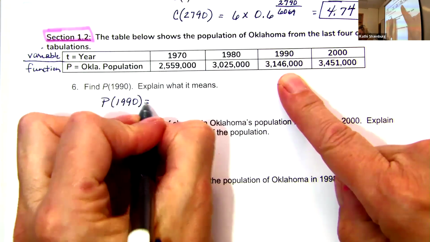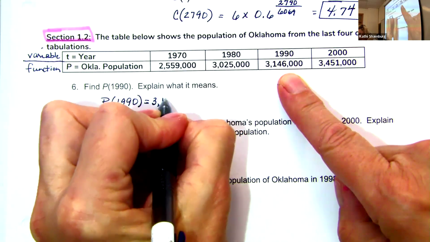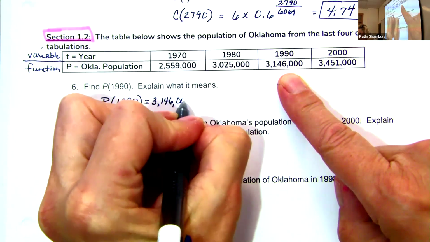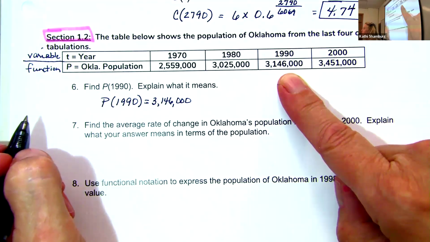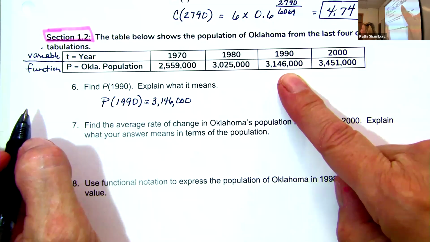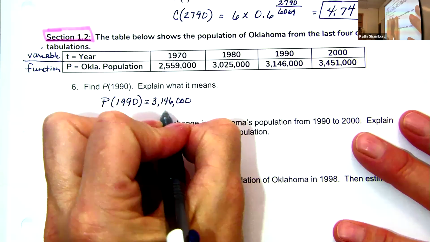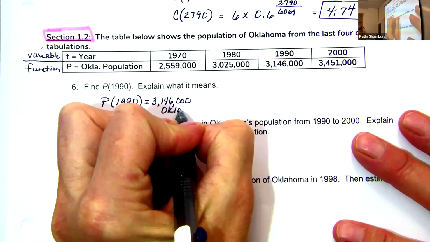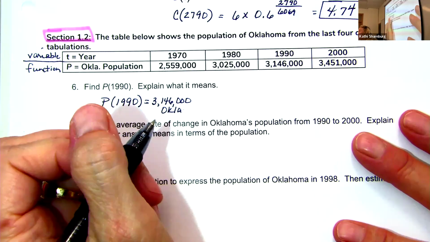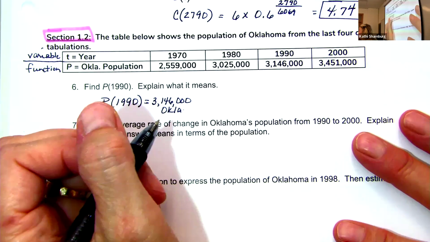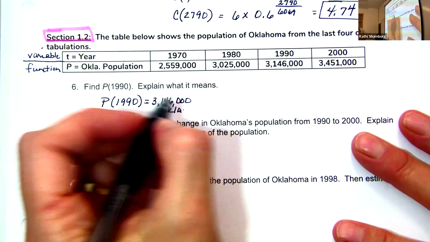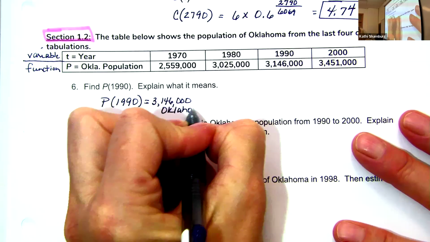So we come here, 3,146,000 what? People in Oklahoma, or I'm just going to say Oklahomans. If you just said people, well, there's people in Mississippi, there's people in Virginia. So, Oklahomans.